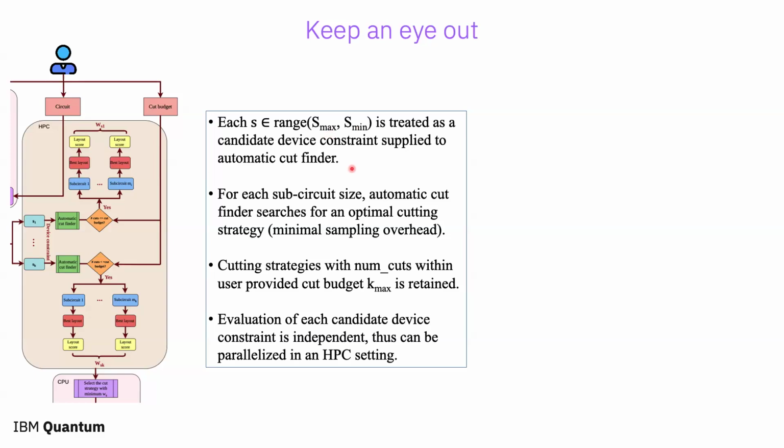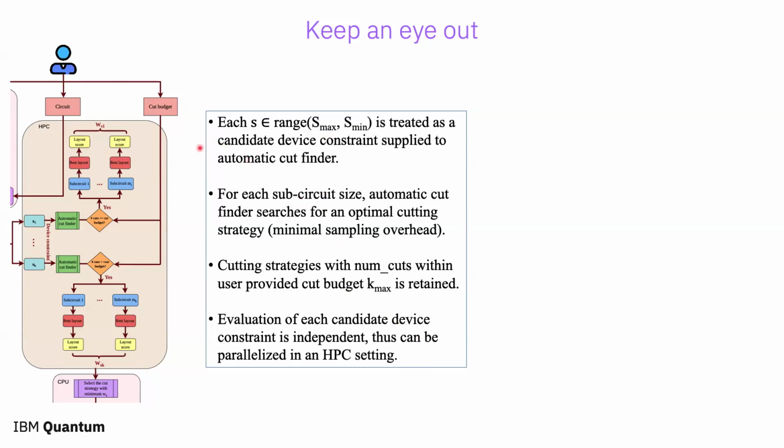The automatic cut finder will find the subcircuits, the cut locations. Now we select each of those and we do a post-processing on this. I'll tell you what the post-processing is and why we need it.